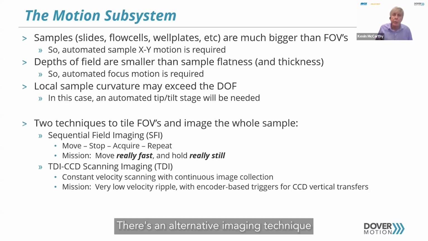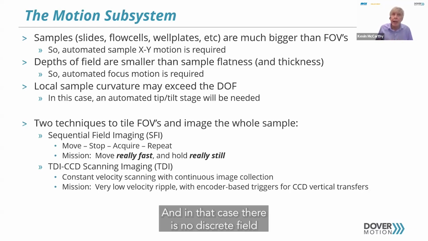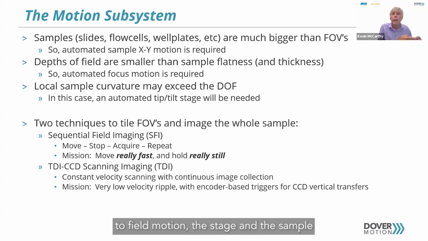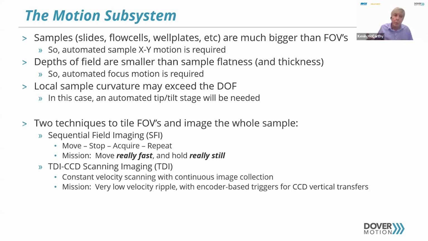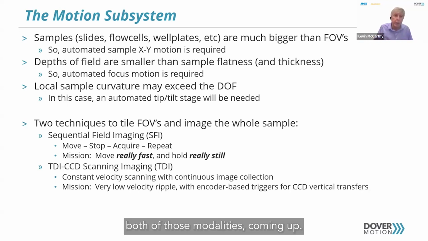There's an alternative imaging technique, which is called TDI-CCD scanning. In that case, there is no discrete field-to-field motion. The stage and the sample scan continuously at constant velocity, and images are acquired continuously. We'll see both of those modalities coming up.